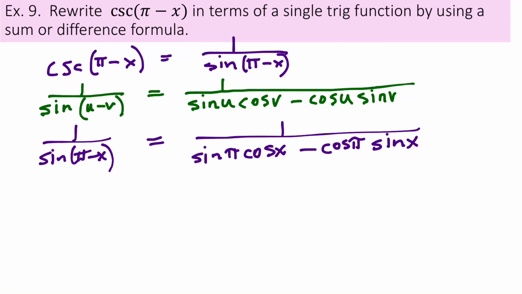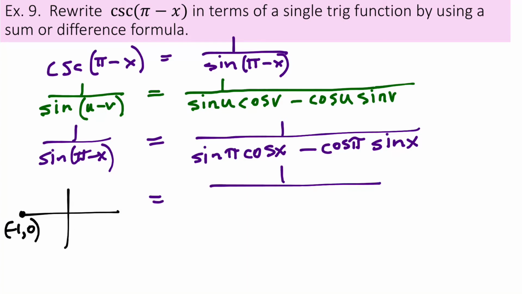All right, so the next step is to figure out what the sine and the cosine of pi are. So here's pi over here. So the cosine is negative 1 and the sine is 0. So something is going to drop out. So I'll just write it out. The sine of pi is 0, and the cosine of x is just the cosine of x.